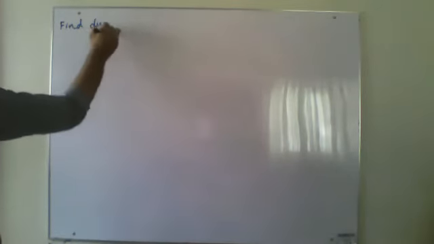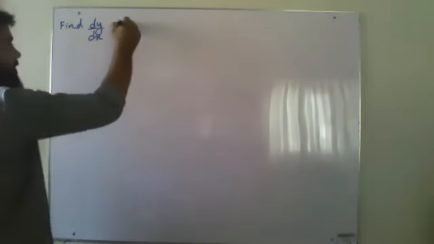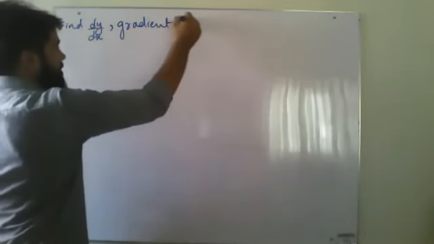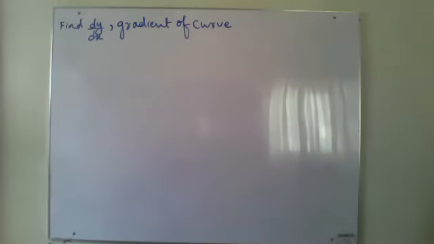They are saying find dy over dx. Find dy over dx, that's the first thing they are saying. And gradient of curve. Okay.